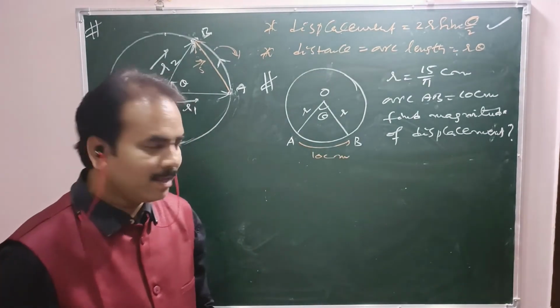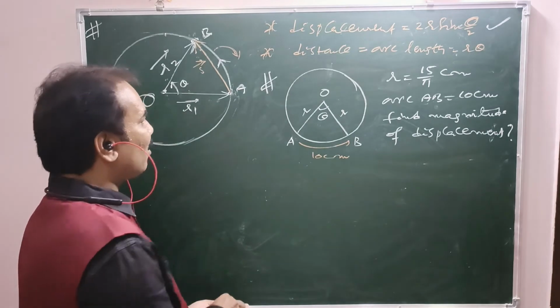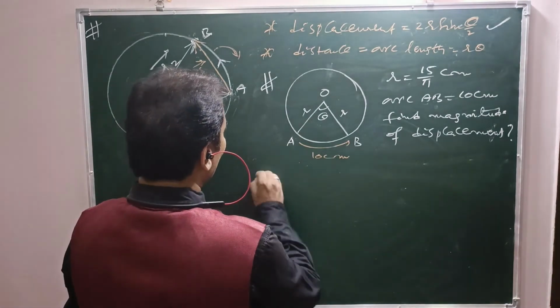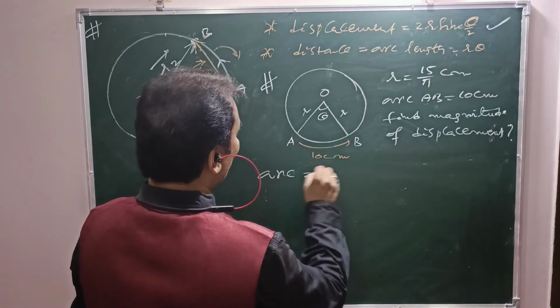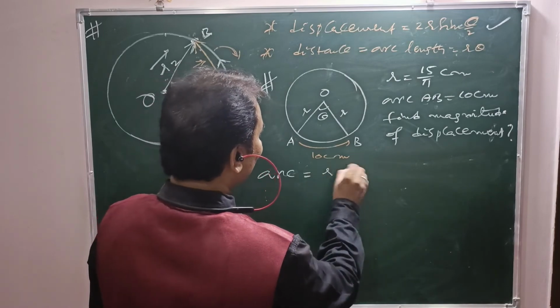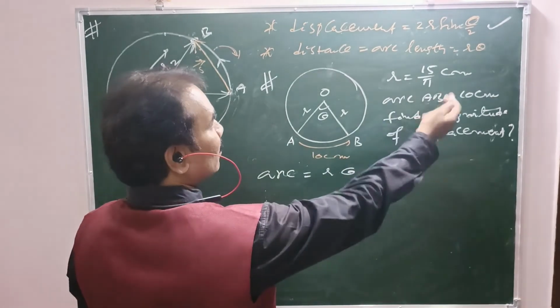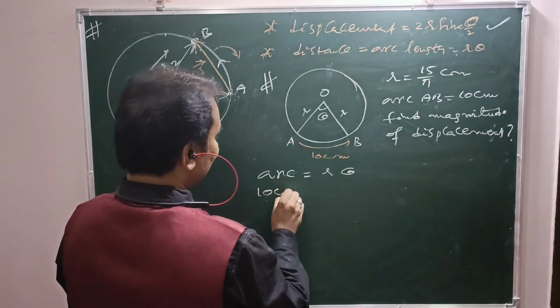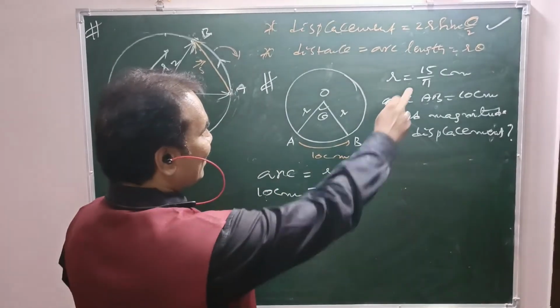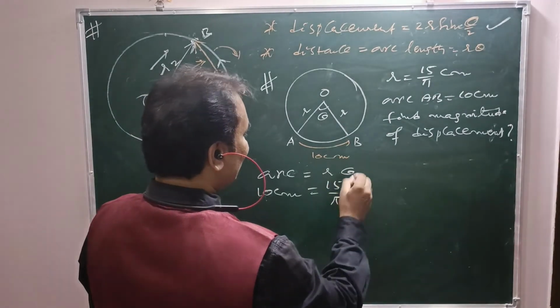What is the relation between radius and arc? Arc length equal to radius times theta. What is the length of arc? 10 centimeter. 10 centimeter equal to radius 15 by pi centimeter into theta.